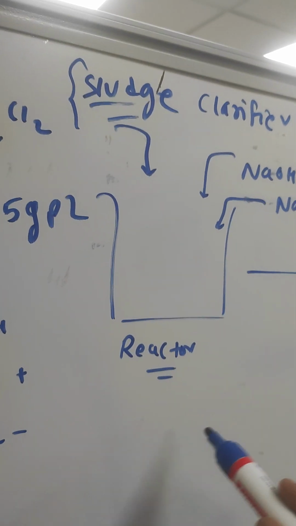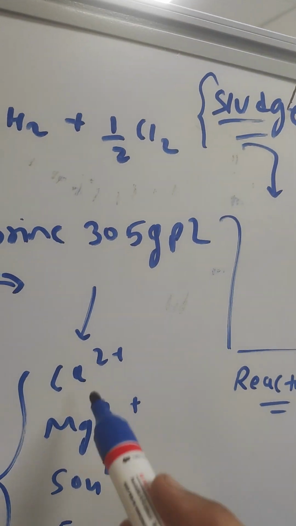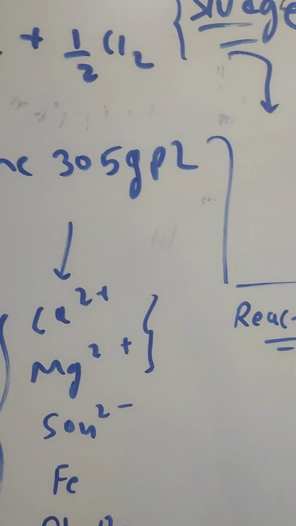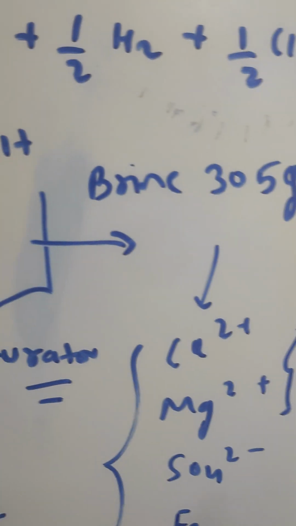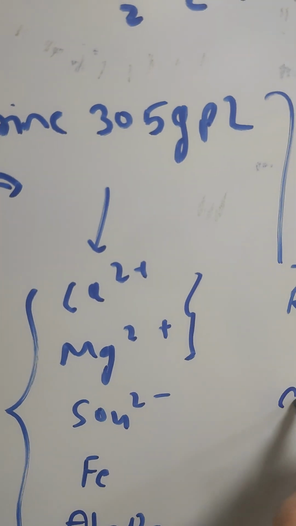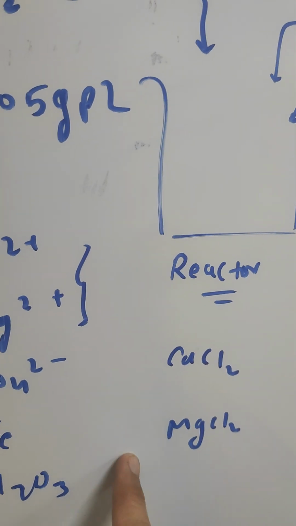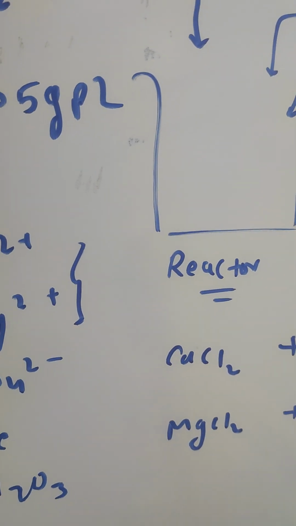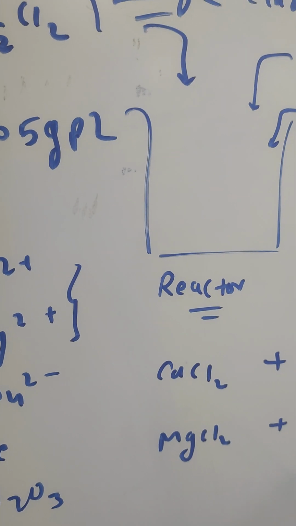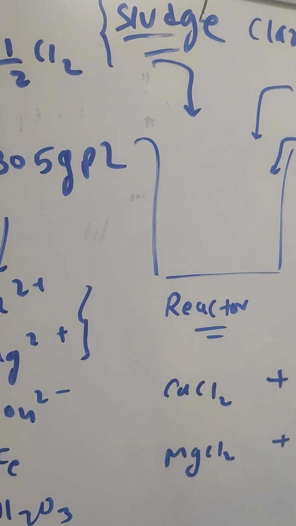Adding these precipitates the magnesium and calcium impurities. So we have calcium as calcium chloride, and magnesium as magnesium chloride, that is in the form of salt. We want hydroxides of calcium and magnesium.